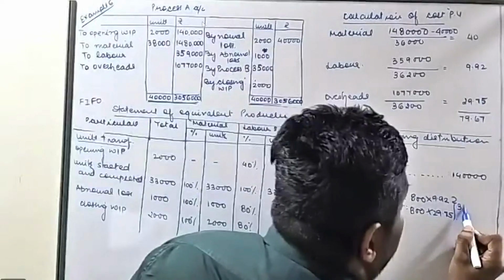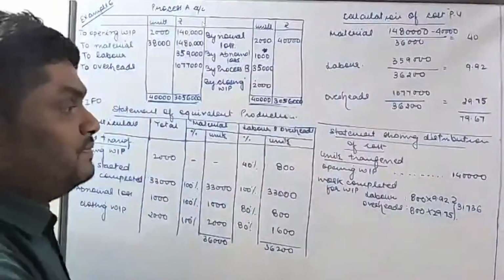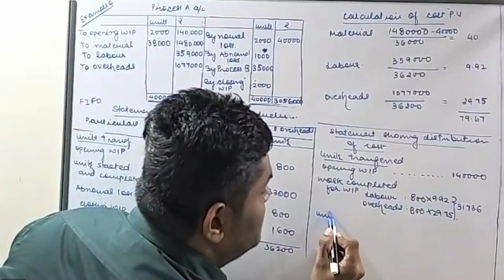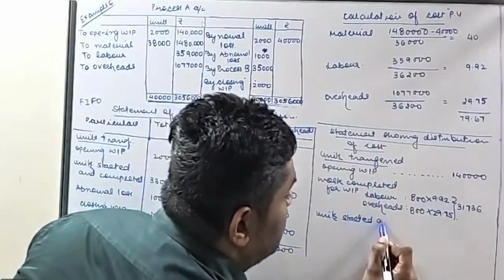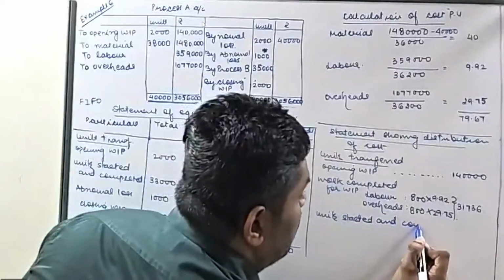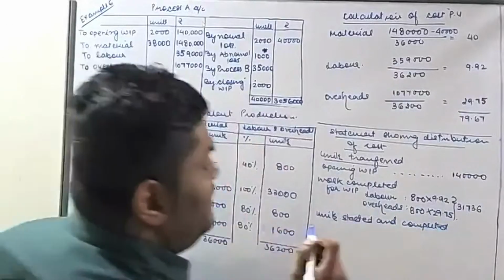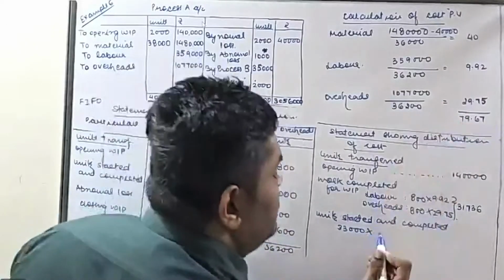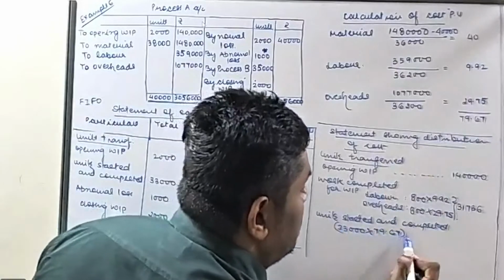So this will be 31,736. Thereafter, units started and completed. Total 33,000 units were started and completed, and they were 100% processed. So the cost is 79.67.